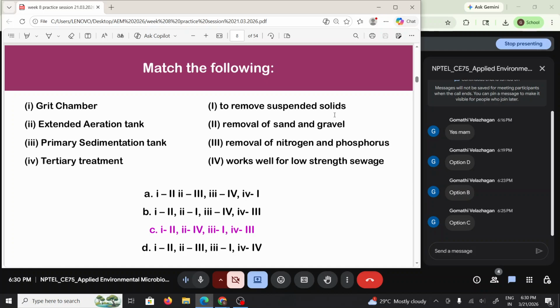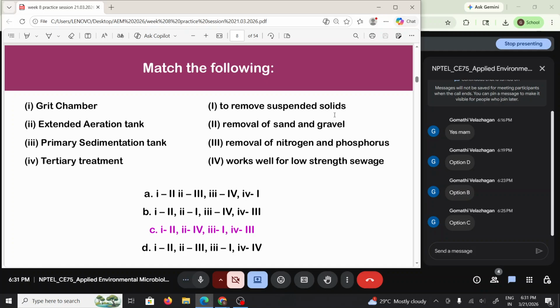When we talk about this extended aeration tank, this works well for low strength sewage. Why? Because when it is low strength sewage, the nutrients in it are very less, and microorganisms will take some time to grow in that.